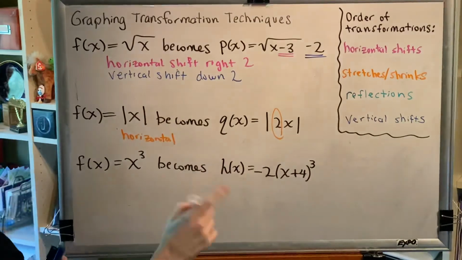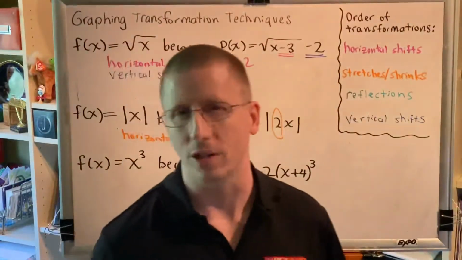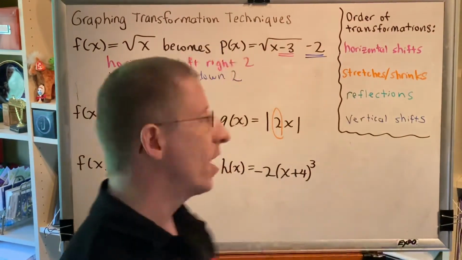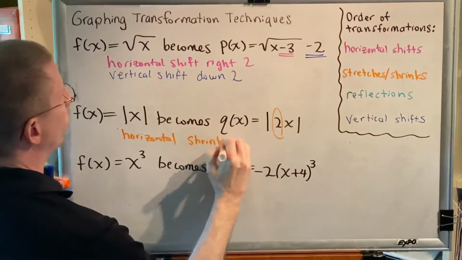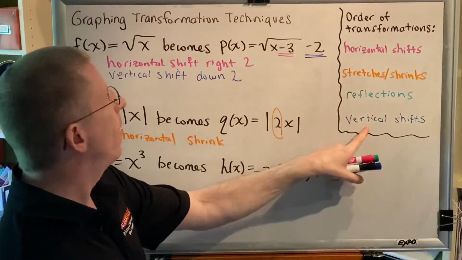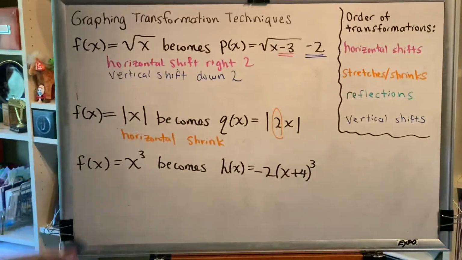And to determine if it's a stretch or shrink, we just have to remember that horizontal is the reverse of what you would expect. You would think 2, which is bigger than 1, would be a stretch. No, it's actually a shrink. This is a horizontal shrink. Okay, and then there are no reflections because there's no negatives, and there's no vertical shifts because there's no adding or subtracting outside far from x. We're done with this one.